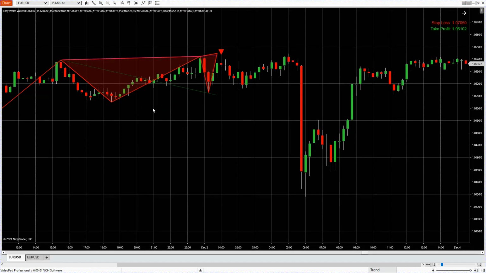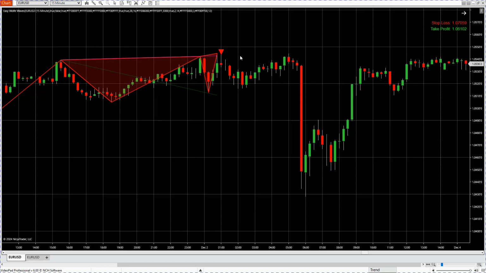So here we have a bearish Wolfe wave pattern, and it's represented here in red. And we have this on a 15-minute Euro US dollar pair chart. And this here is the mirror image of the bullish pattern that we saw prior to this.